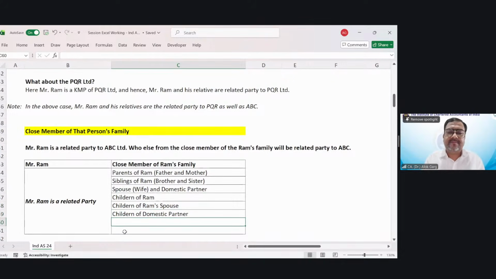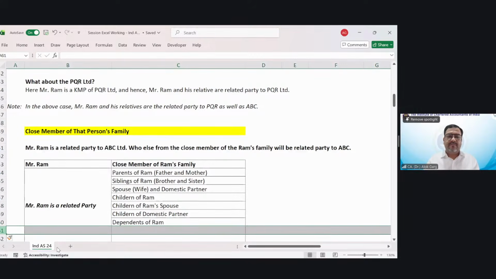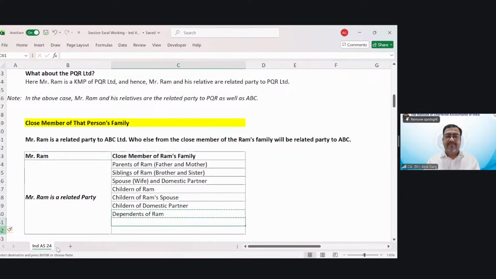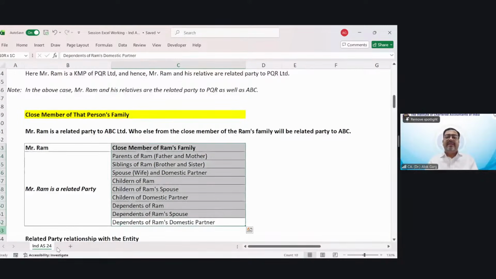Then dependents of Ram. If anyone is depending on Ram, dependents of Ram, dependents of Ram's spouse, and dependents of Ram's domestic partner. Is that clear?